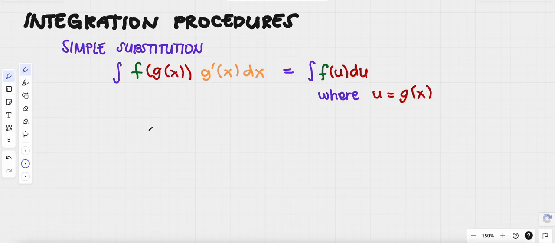To proceed with the next topic, we will be talking about different integration procedures, more focus on simple substitution. Recalling, I presume that you have already discussed in the previous meetings the basic integration procedures, basically basic integrals.